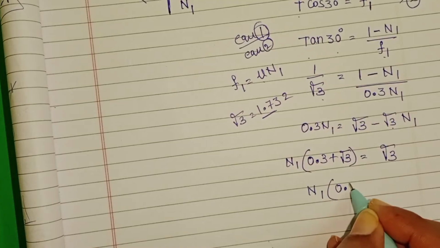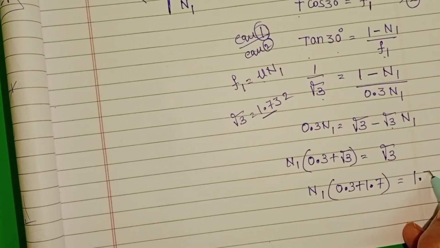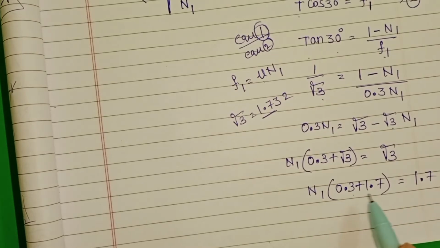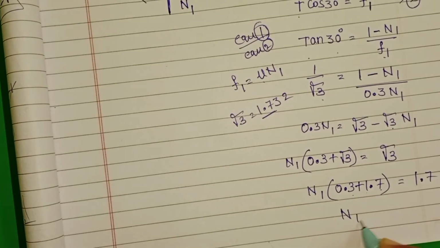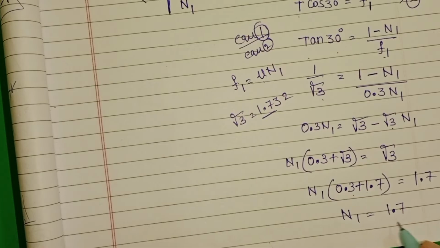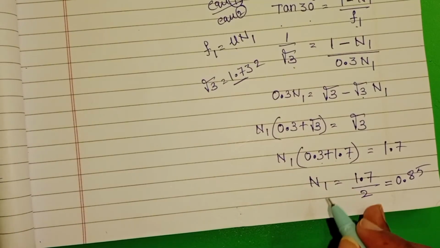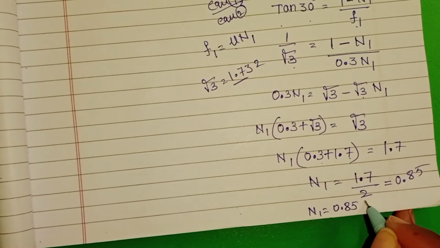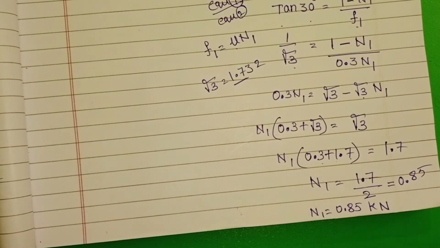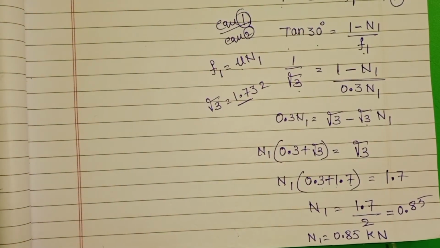N1 into (0.3 plus 1.7), 0.3 plus 1.7 becomes 2. N1 is equal to 1.7 by 2. 2 8s are 16, 2 5s are 10. So the N1 value is 0.85. The unit is kilonewton, since the weight is in kilonewton. So the N1 value is 0.85 kilonewton.